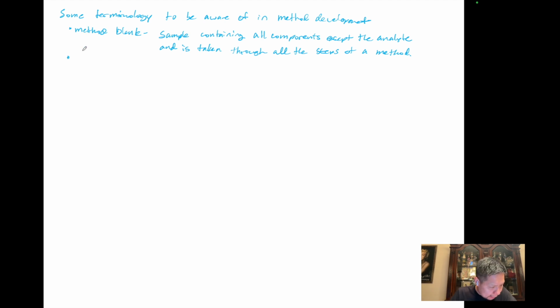The next type of blank is called the reagent blank. What is that?